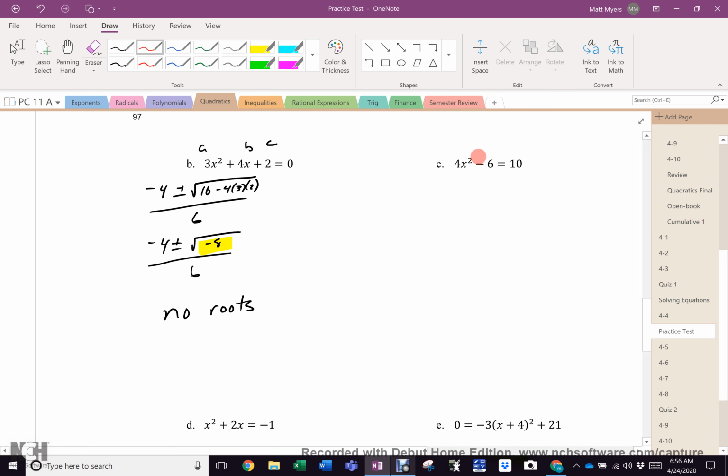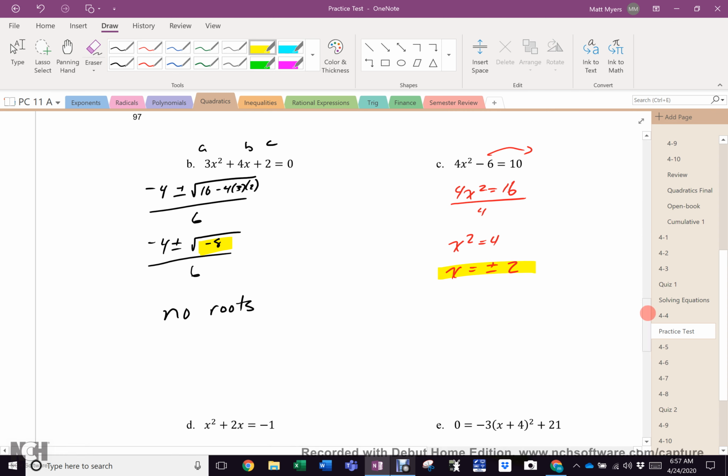This one, I would be tempted to look at that and run it through the quadratic formula. But you don't need to, because when you move that over there, 4x squared equals 16, divide both sides by 4, x squared equals 4, x equals plus or minus 2.